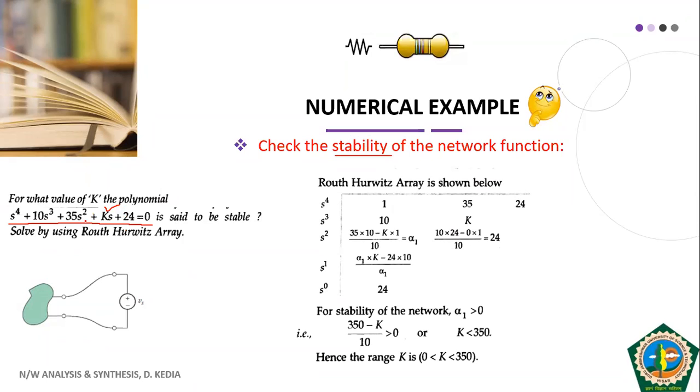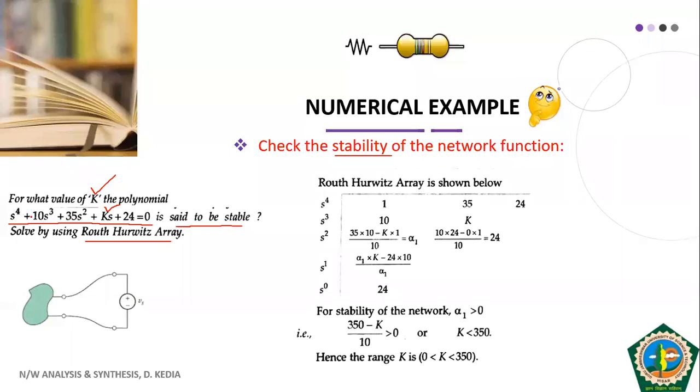It has been asked in the question that for what value of k this polynomial will be stable. So we have to solve it using the Routh-Hurwitz array. Let us see how to determine this value of k such that our system will be stable.